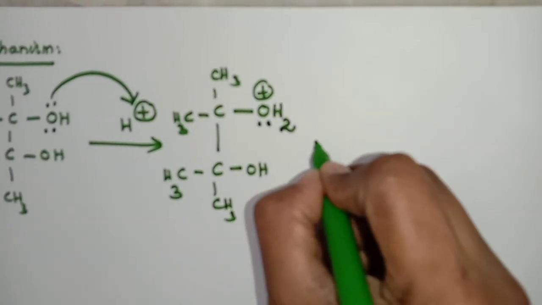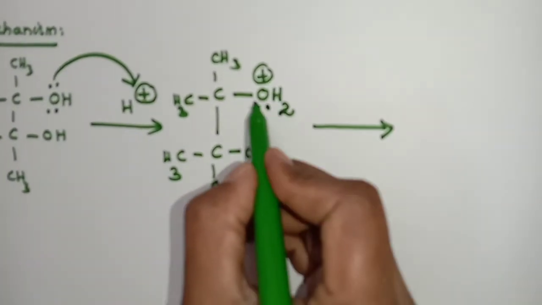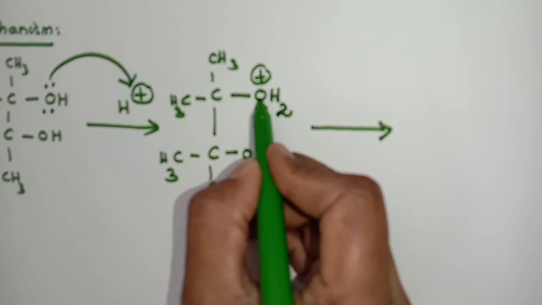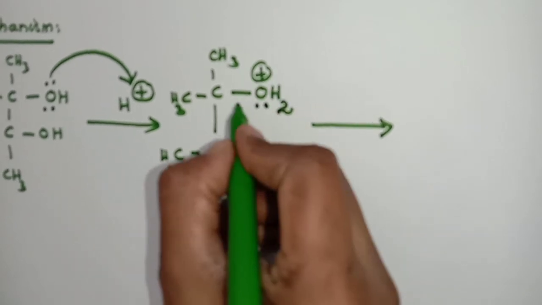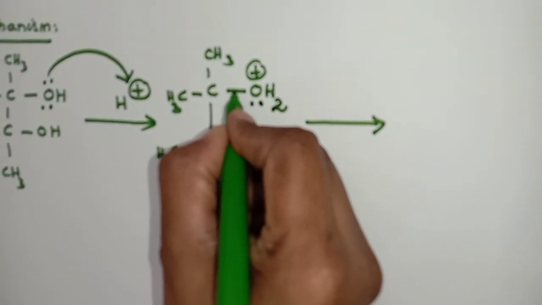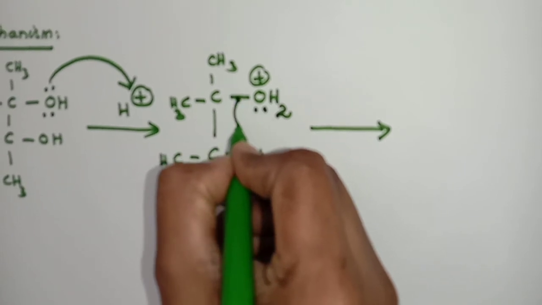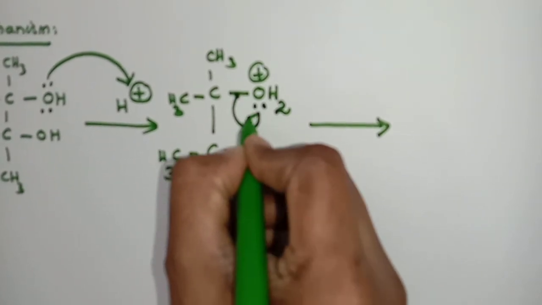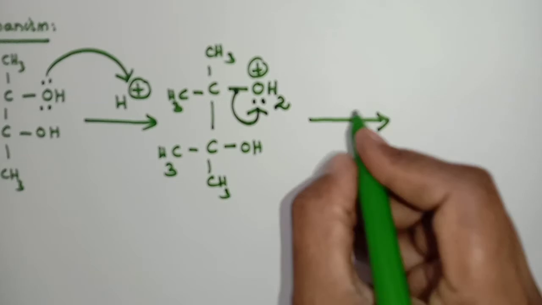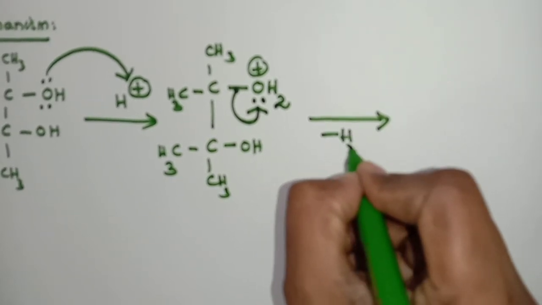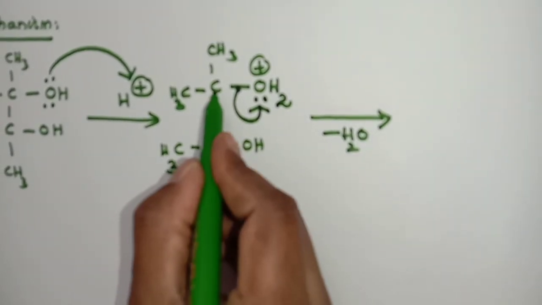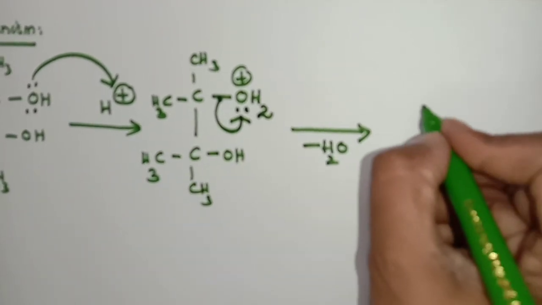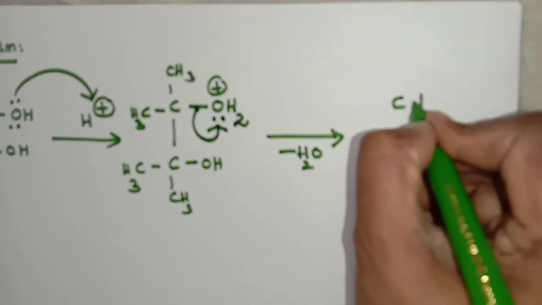Now what happens? There is a positive charge on oxygen. How it is satisfied: the electrons of this bond will be shifted to oxygen and hence H2O comes out. So there is no electron for this carbon now. So there forms a positive charge.